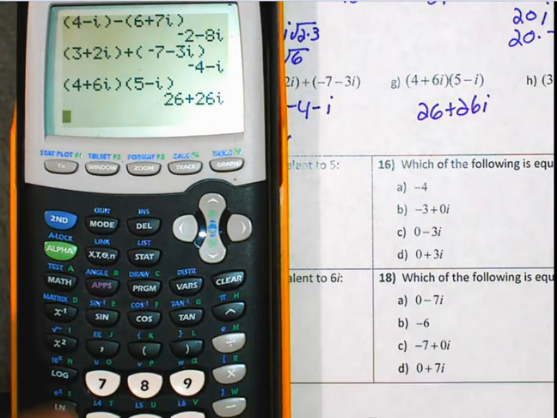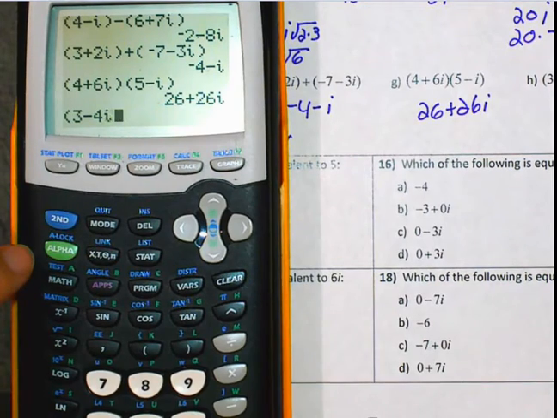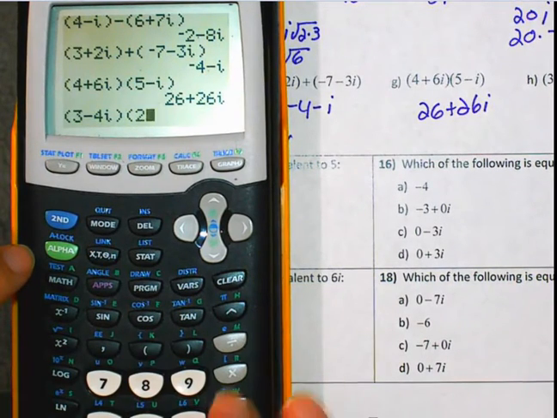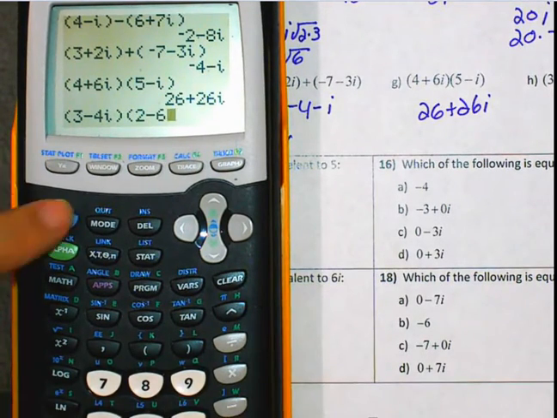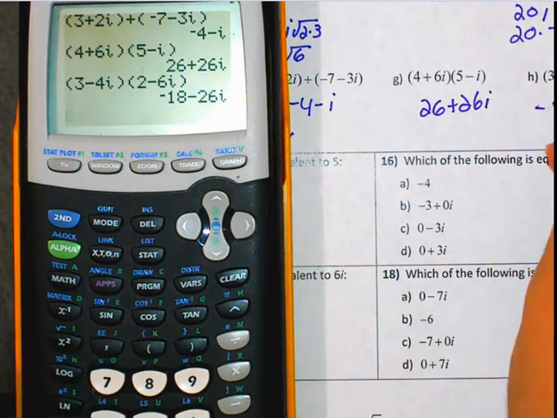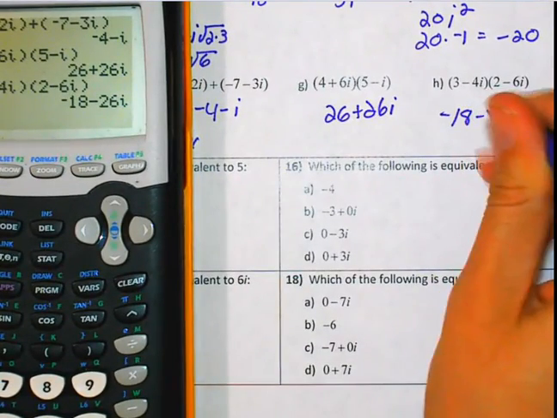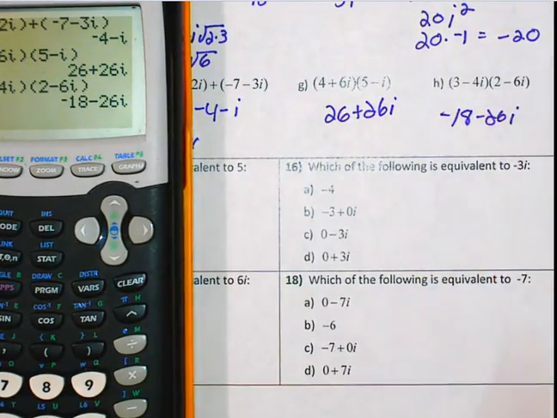And then the last one, 3 minus 4I, 2 minus 6I, close parentheses. Negative 18 minus 26I. That's all you have to do for these. So as long as you know where the I is and you know how to turn that function on, mode on your calculator, then you're fine.